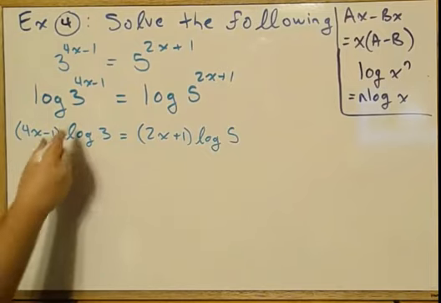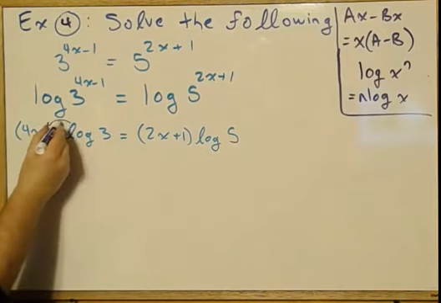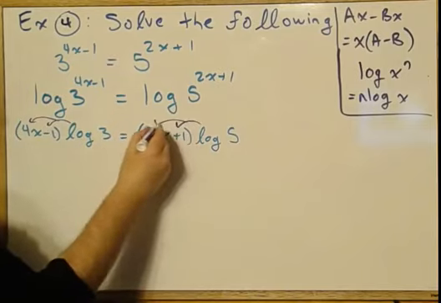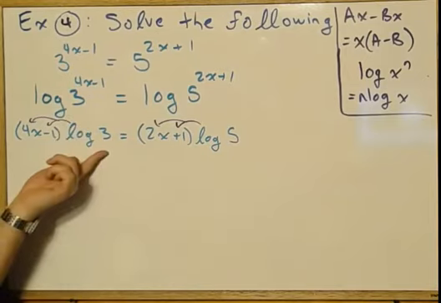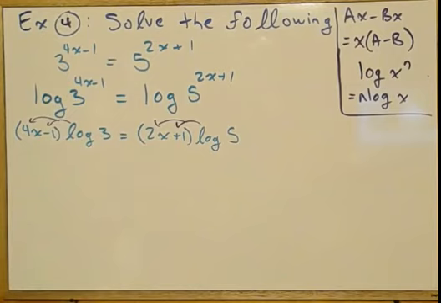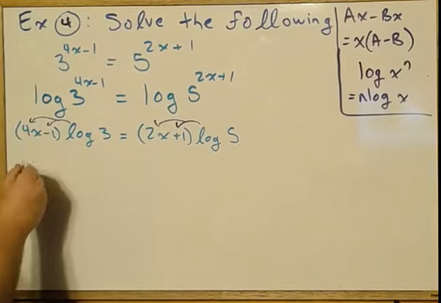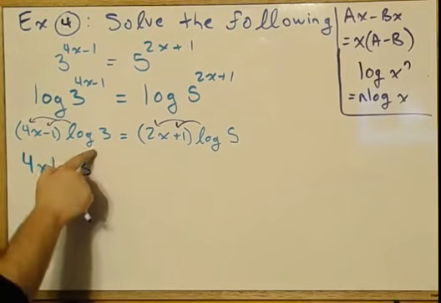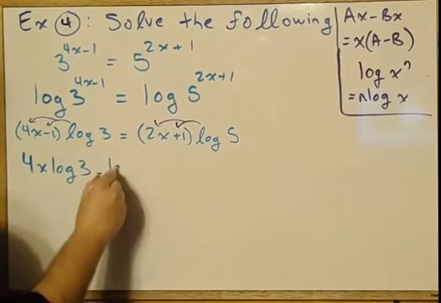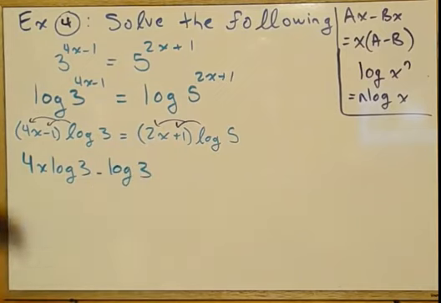Now we need to go ahead and do our distribution. Normally we do left-hand distributions, but this time we're going to take the log and multiply it onto both terms on the inside. Note that log 3 and log 5 are both regular numbers, just some sort of decimal, but we're not going to break this down. We're going to keep an exact value. So 4x times log of 3 will be the first term, and log 3 times negative 1 will be negative log 3.